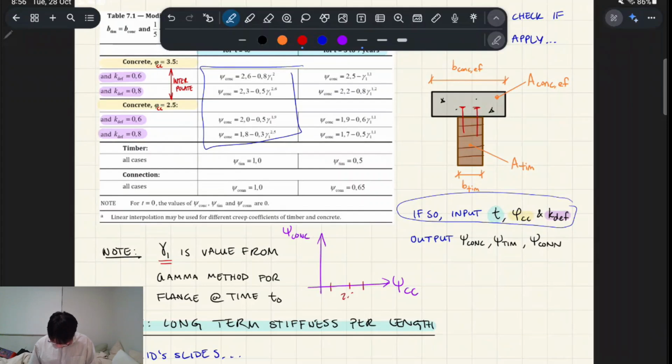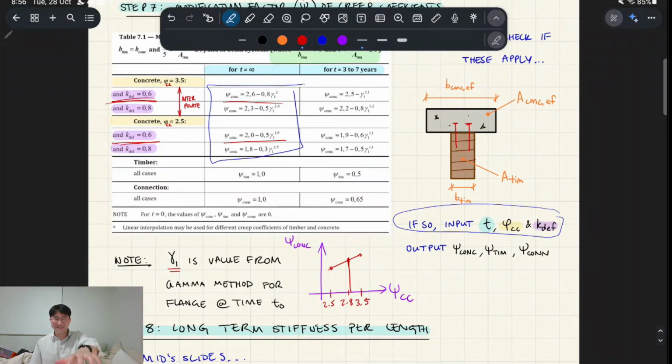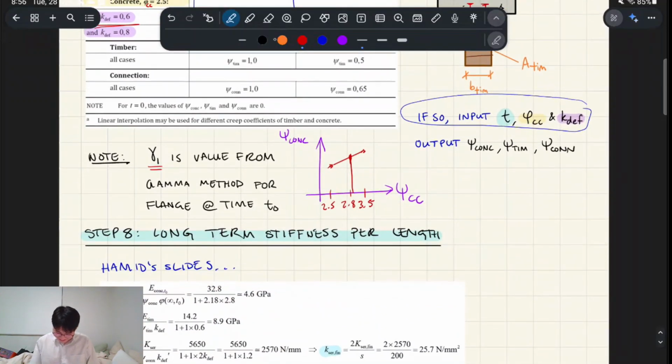So if we're 2.8 and the values they give you are for 2.5 and 3.5, you have to find whatever values you get, right, for this. Let's just say KDEF is 0.6. That and that, right? And then you have to interpolate and find that right value for that case. Anyway, it's cooked, but you know what I'm saying? That's what you have to do.